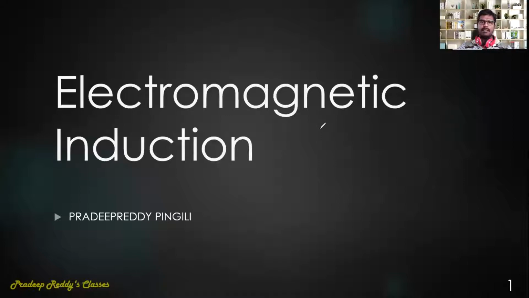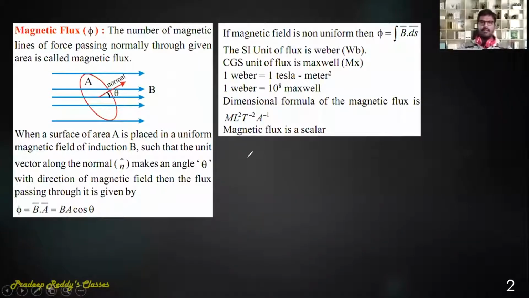What is meant by electric flux? We already have learned electric flux, phi E equal to E dot A, in electrostatics.